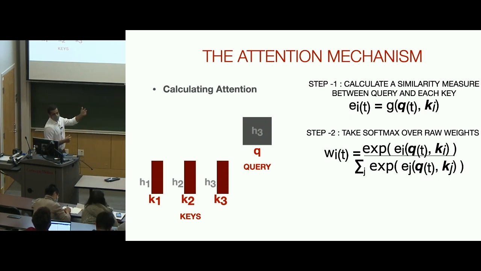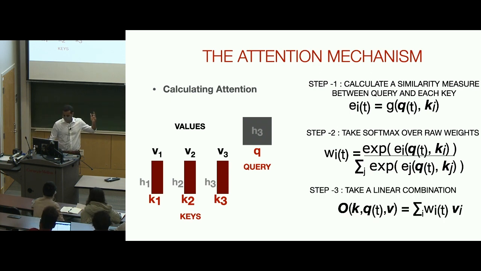Then you take a softmax over the raw weights to get the attention weights Wi, which sum up to 1. The output of the attention mechanism is a linear combination of all the hidden states weighted by the attention weights Wi.